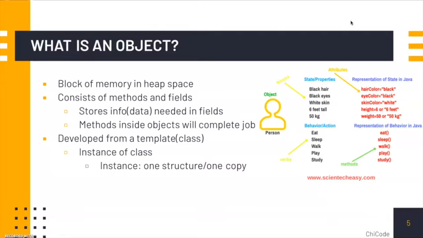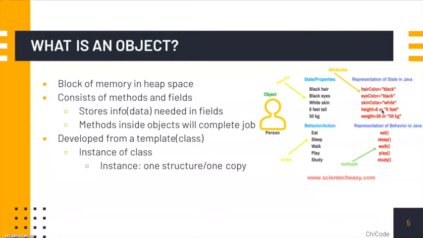So now you might be hearing me say instance of a class, instance. Now you might be wondering, what is instance? Instance is one structure or one copy of a given template, the template being the class and the instance or the copy being the object. Now here on the right, you can see an image of an object, which is the person, and all the attributes or template it may have.